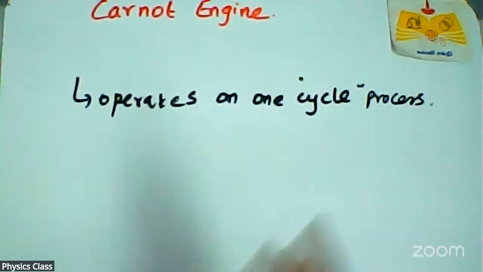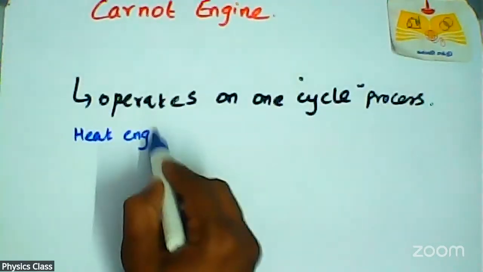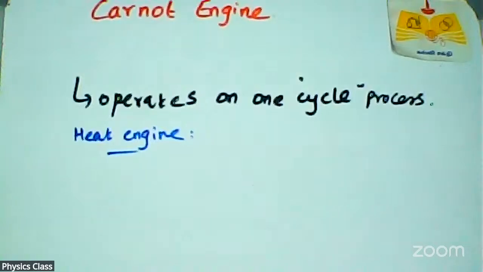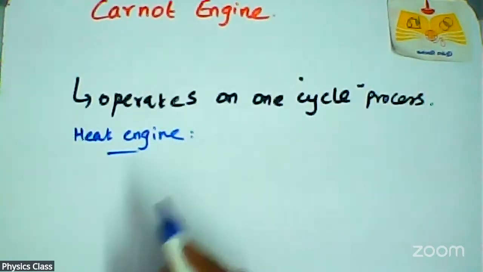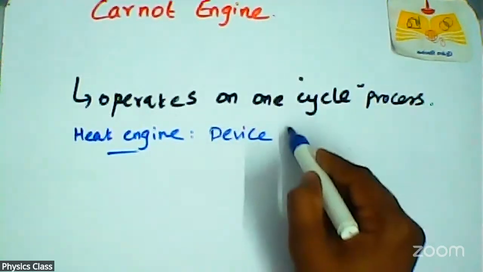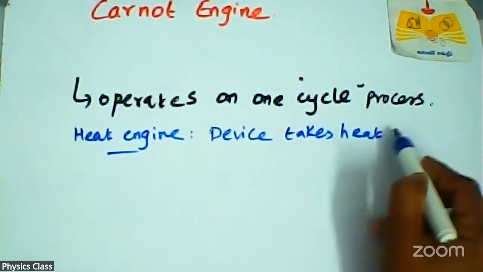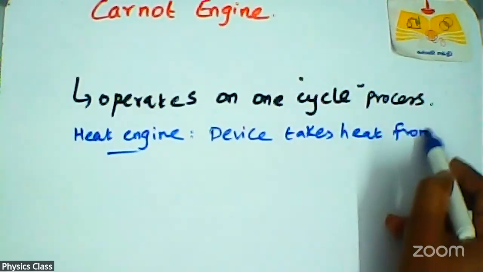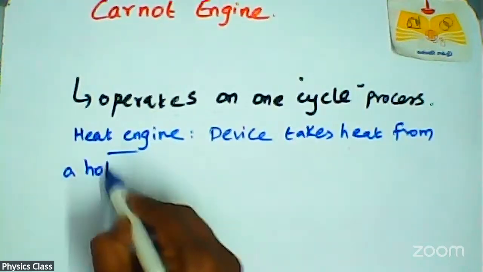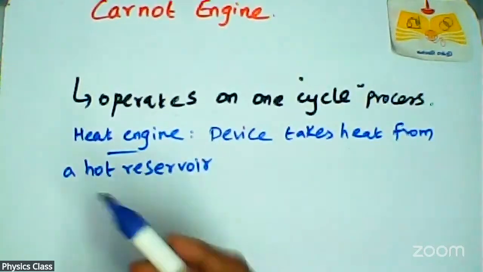First of all, what is a heat engine? It is a device that takes heat from a hot reservoir. Reservoir means it is a source.